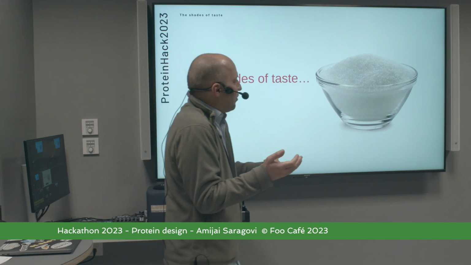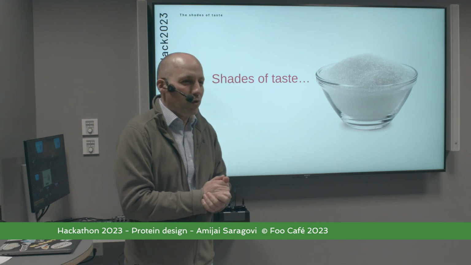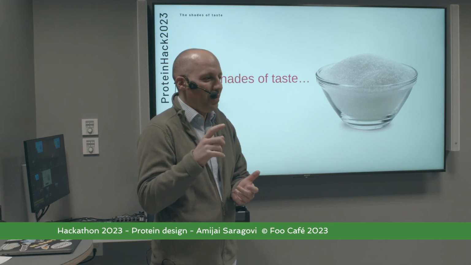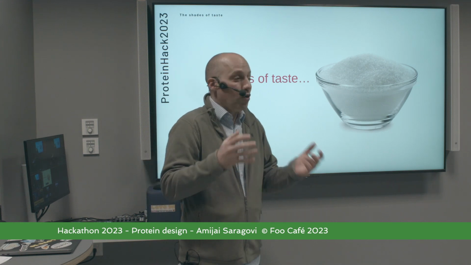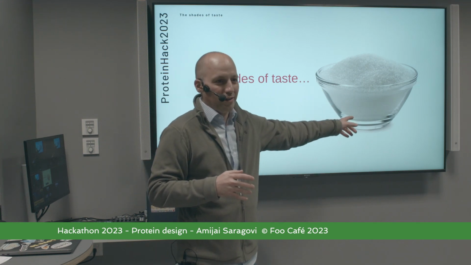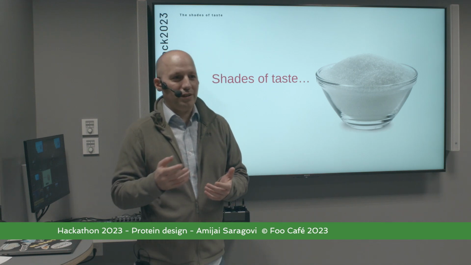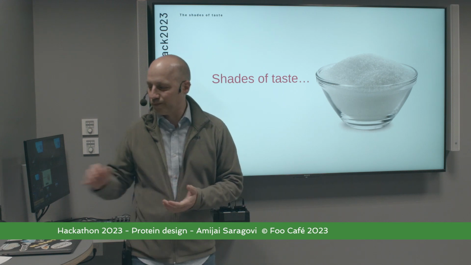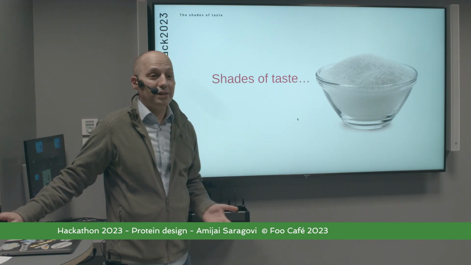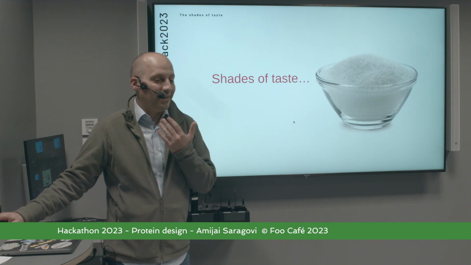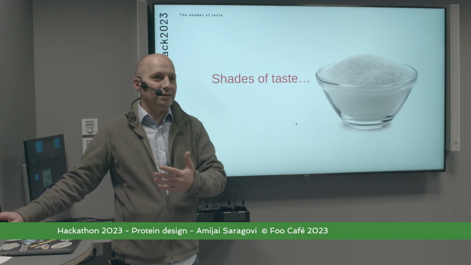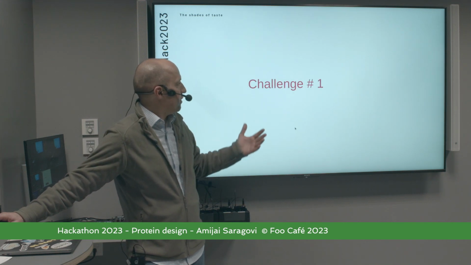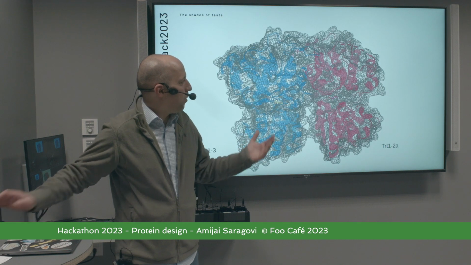So apparently, someone calculated that you need 200 liters of water to make one can of Coca-Cola, which for me, using so much water to just make the sugar is incredibly inefficient if I can put a microgram of protein and give you the same sensation. So perhaps we can design proteins that will bind different receptors in our mouth and give us diversity of taste, right? And this is where we get to challenge number 1.